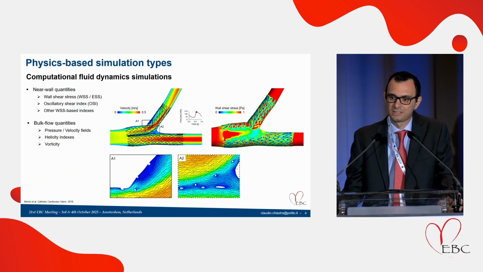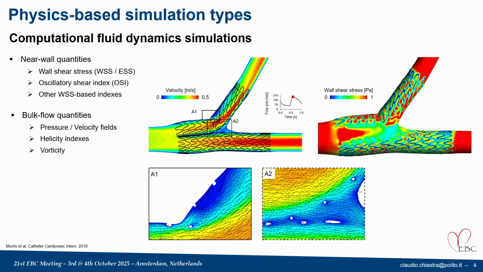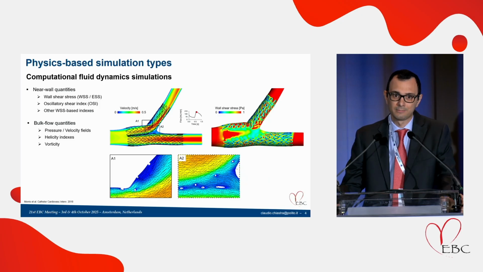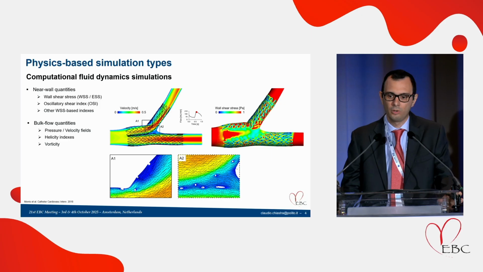Second, computational fluid dynamics simulations, which enable the investigation of the hemodynamics inside stented coronary bifurcations, and allow computing near wall quantities, for instance, the wall shear stress and all the related indexes, but also bulk flow quantities like the pressure and the velocity fields, and more advanced quantities like the helicity and vorticity.